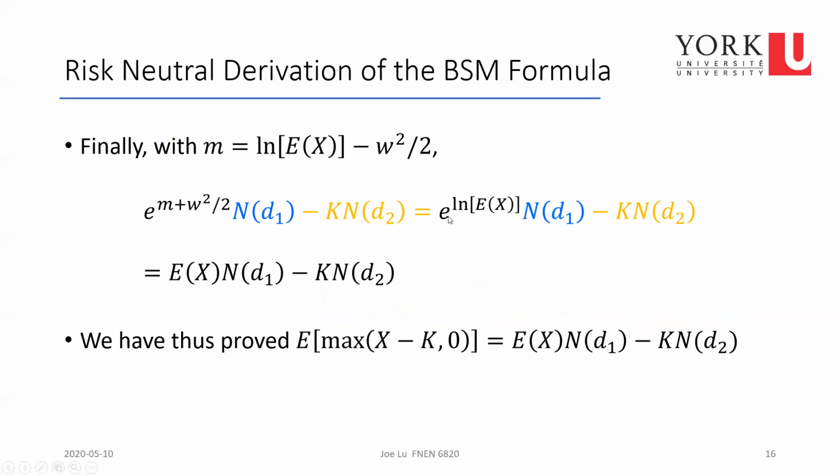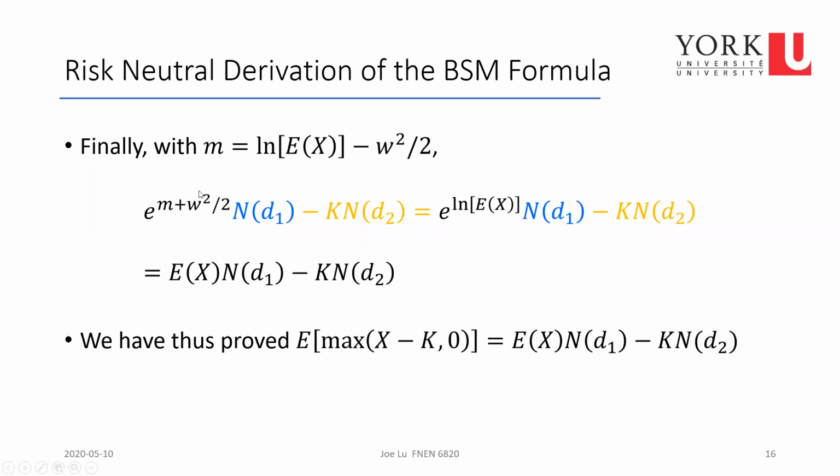So then what is this? Again, you can put in this m, and then if m is equal to this, then you basically have e to the power of log E[X] times N(d1) minus K times N(d2). Because you have m plus this thing here, and m has one that's minus W squared divided by 2.